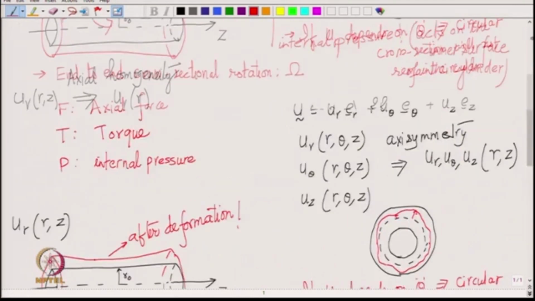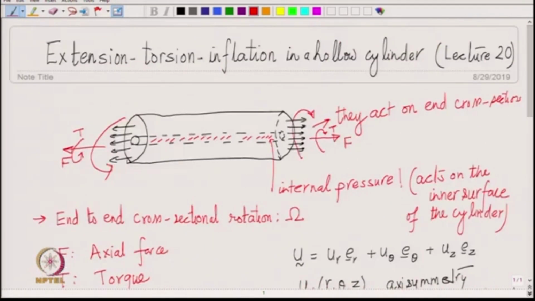All right. Let us come back again. So, suppose that our origin is at the center of the cylinder. So, here is the origin. So, how much would be the rotation of the cross section which is at z equal to 0?